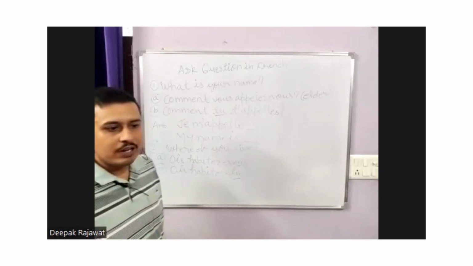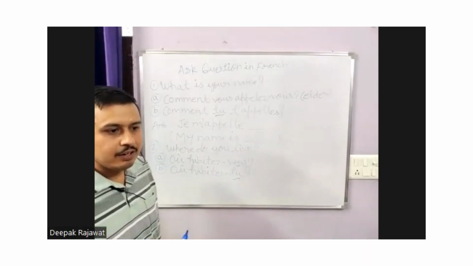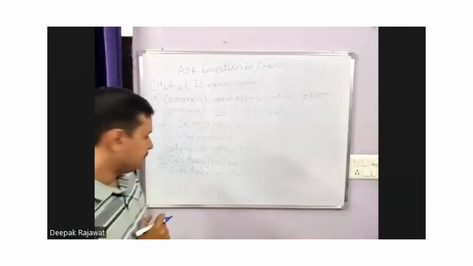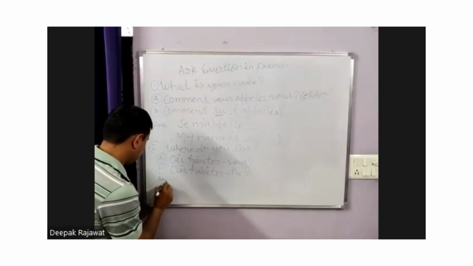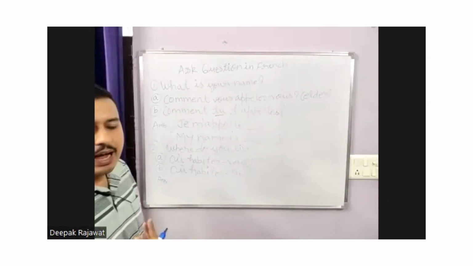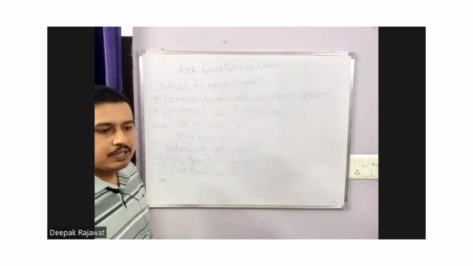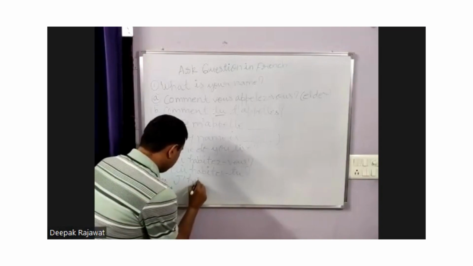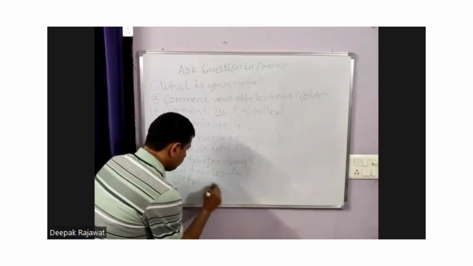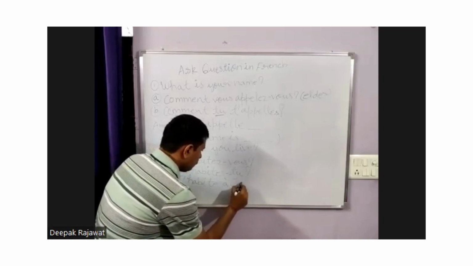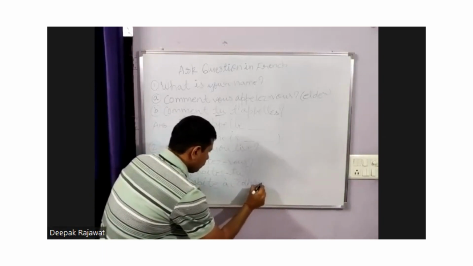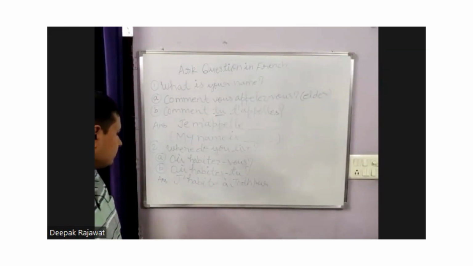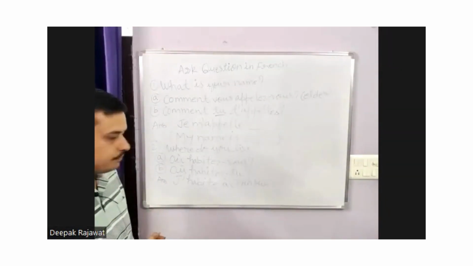But in English we have only one way. That's why we are learning from Hindi. And the answer will be, I live in Jodhpur. J'habite Jodhpur.